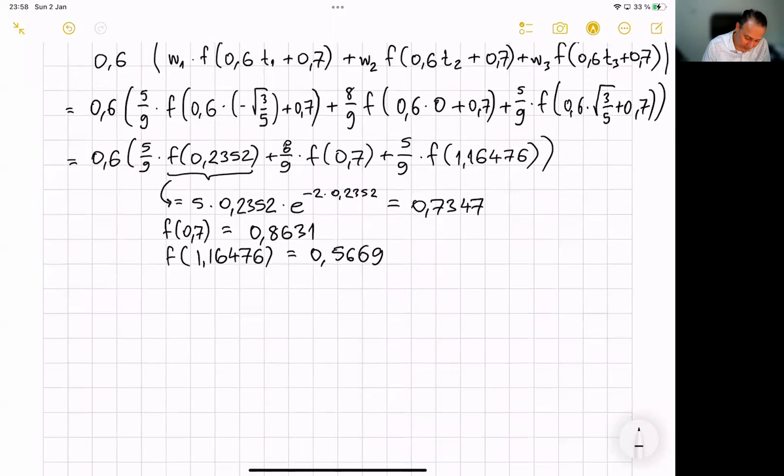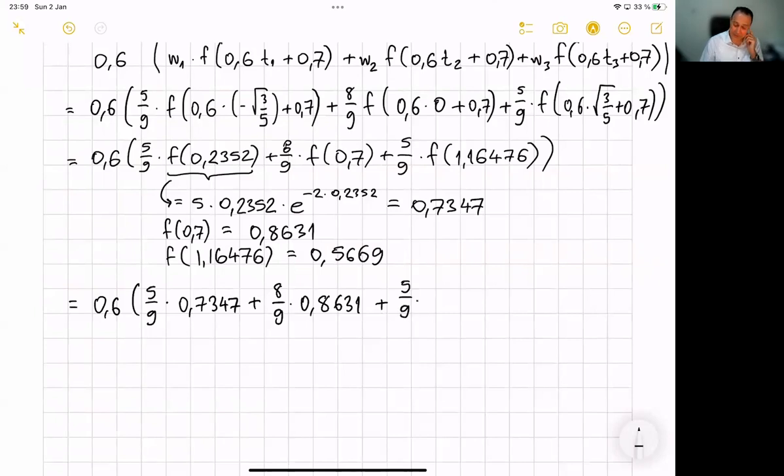This one is here. So my integral will be finally 0.6 times 5 over 9 times this value, plus 8 over 9 times this value, plus 5 over 9 times the other value, the third one.